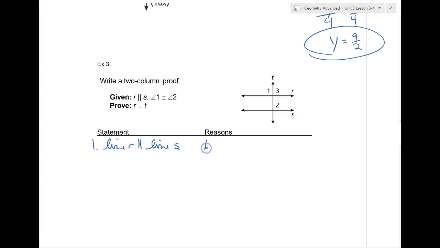And then that's going to be given. Now remember, my goal is to show that line R is perpendicular to line T. So I need a right angle there. That's my goal. So work with me a little bit on this first. The first given tells me line R is parallel to line S. What do I know?